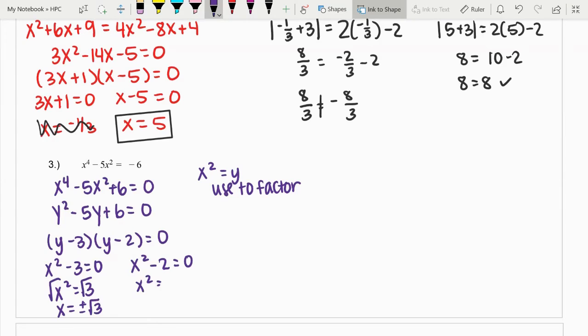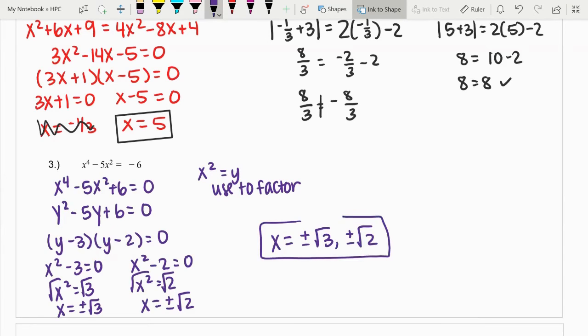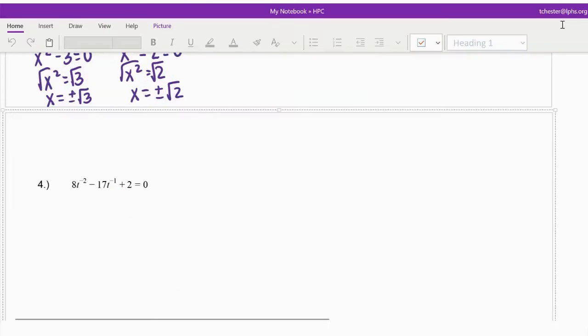Then I have x squared is equal to positive 2, take the square root of both sides, and x is going to equal plus or minus the square root of 2. So I'm going to write my final answer. x is equal to plus or minus root 3, comma, plus or minus root 2. Okay, I don't need to check for extraneous because I did not square both sides and I did not multiply both sides by a variable.